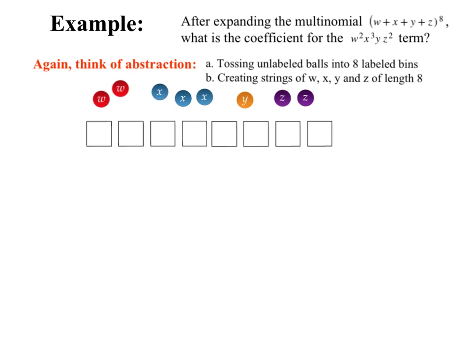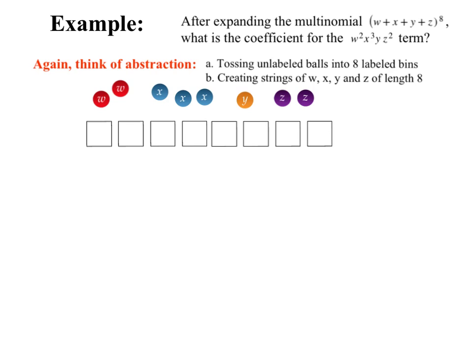This isn't x1, x2, x3, they're just x. Throwing them into 8 bins, or creating strings out of these w's, x's, y's, and z's, of length 8. So in this case, we're going to do the bins, since my default is to use strings. I've been using that probably more than I should.